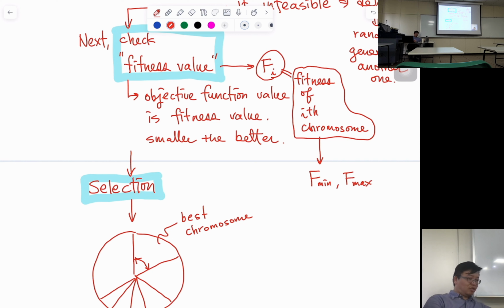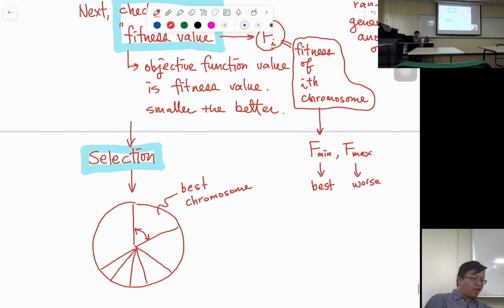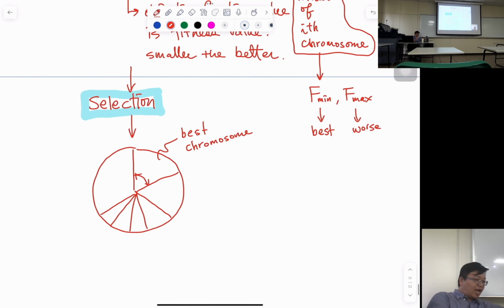Mean is basically the best for the current generation, right? So this will be the worst. So I need to come up with a way to decide a percentage of the best chromosome.